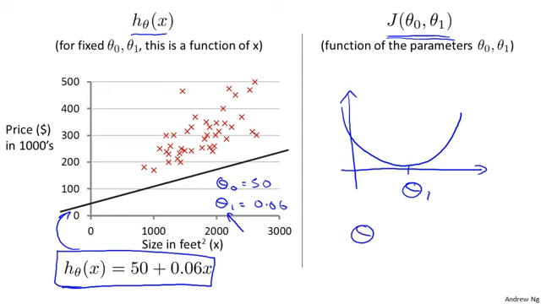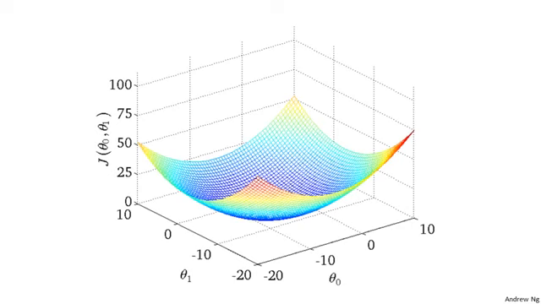But now we have two parameters, theta 0 and theta 1, and so the plot gets a little more complicated. It turns out that when we had only one parameter, the plots we drew had this sort of bow-shaped function. Now, when we have two parameters, the cost function also has a similar sort of bow shape. And in fact, depending on your training set, you might get a cost function that looks something like this.